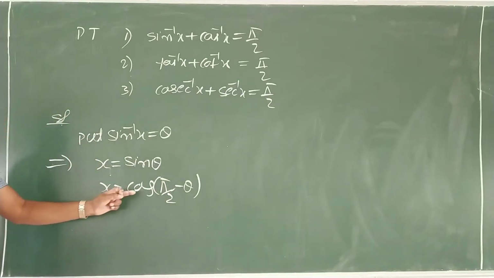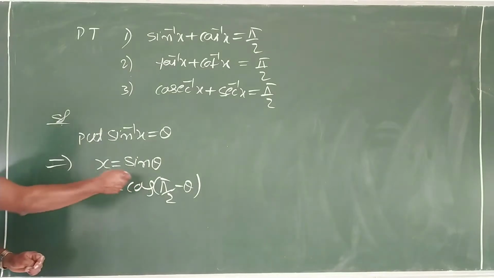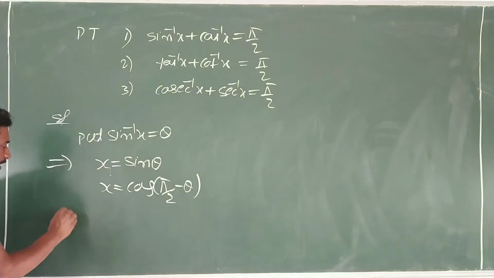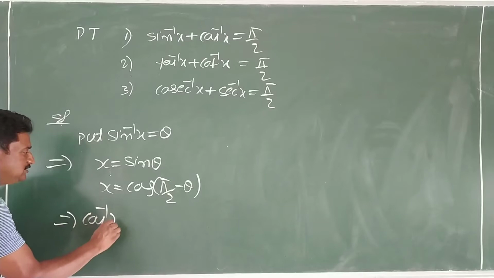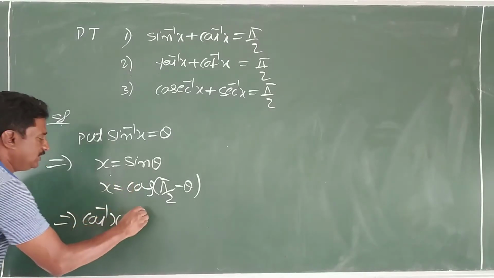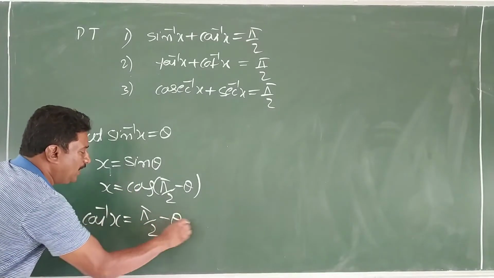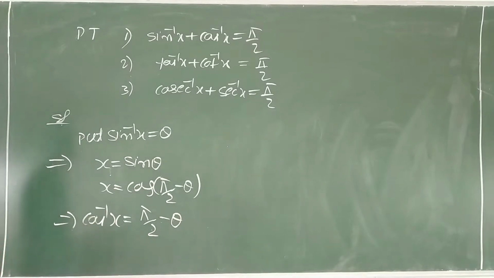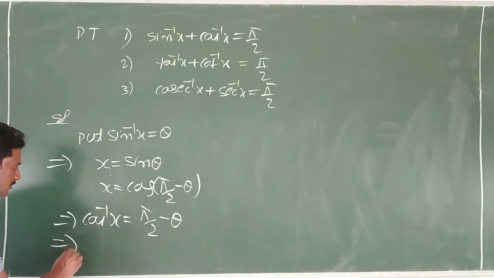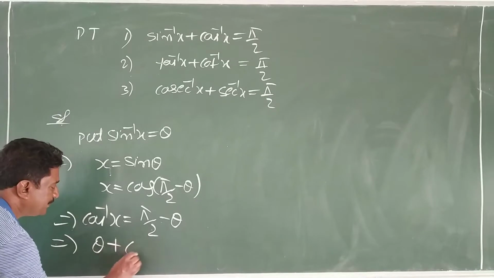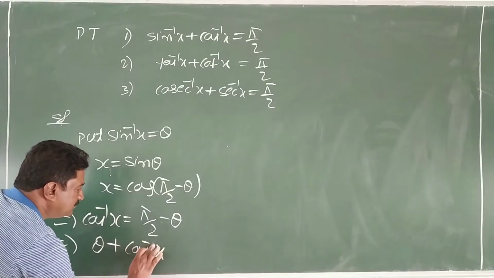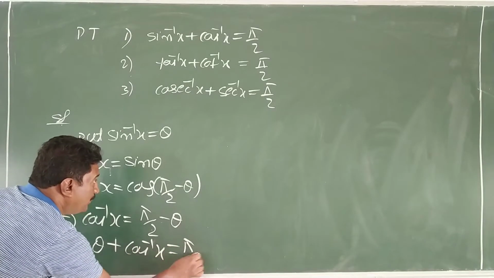Right? Now you bring cos to this side. That implies cos inverse x equals pi by 2 minus theta. Last step, students, bring that minus theta to this side. This implies theta plus cos inverse x is equal to pi by 2.